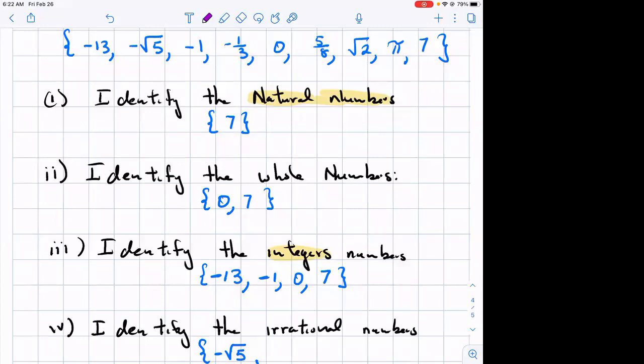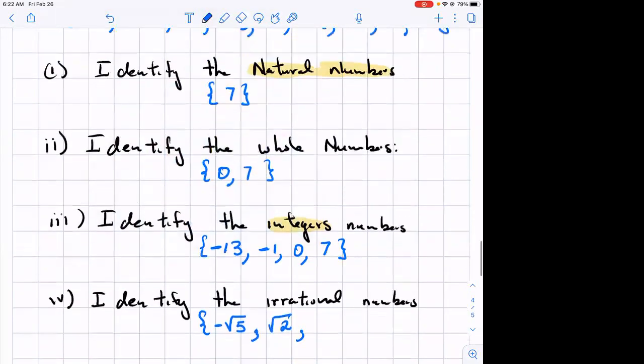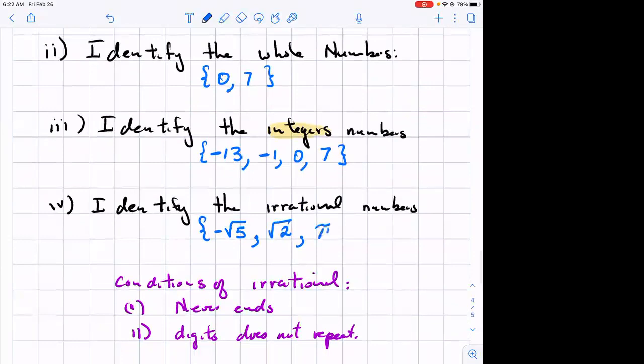Square root of 2 does not end, right? So the square root of 2 happens to be irrational, and then pi is also irrational. So from my given list, those are the 3 irrational numbers.